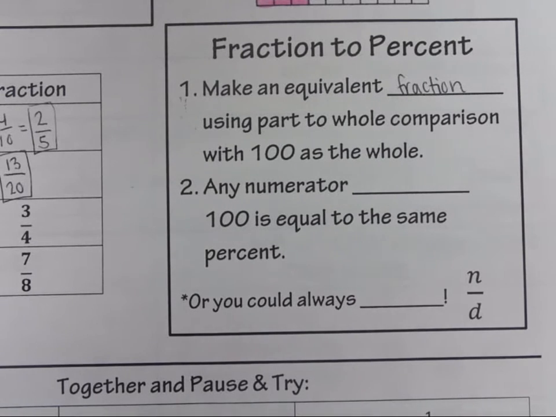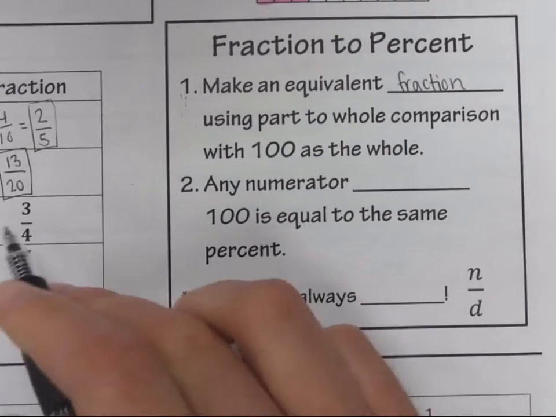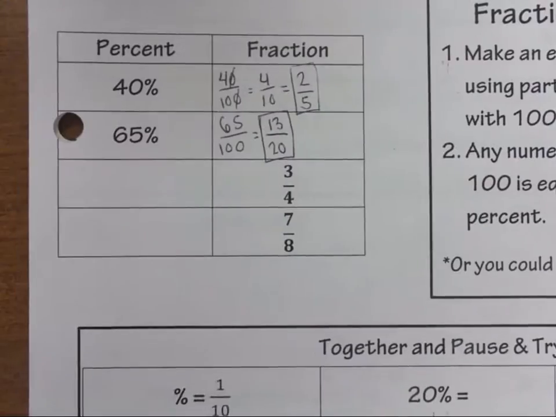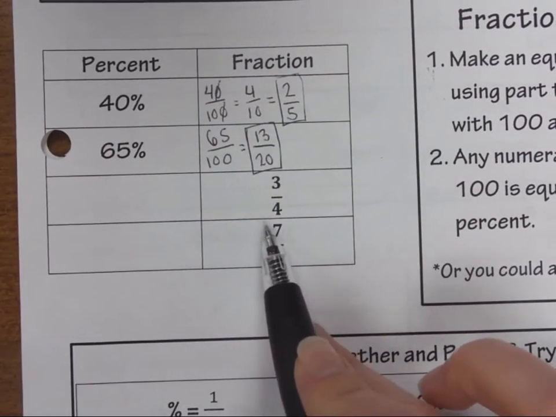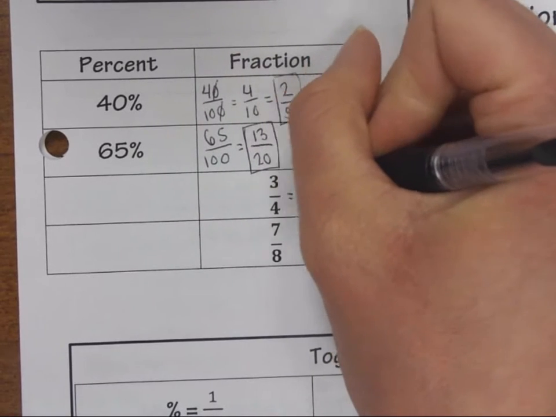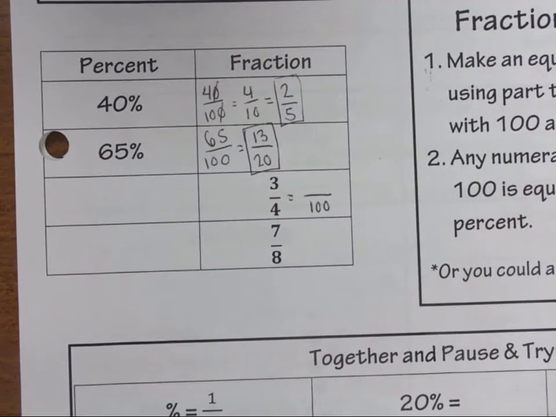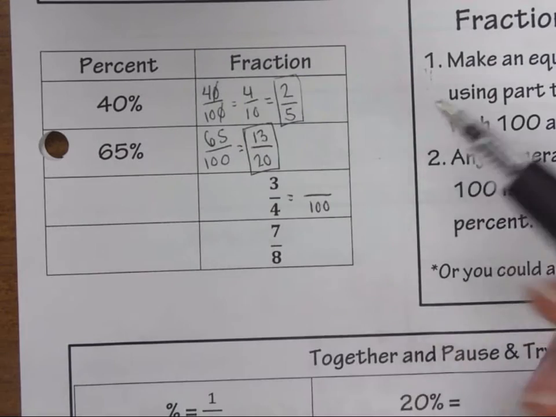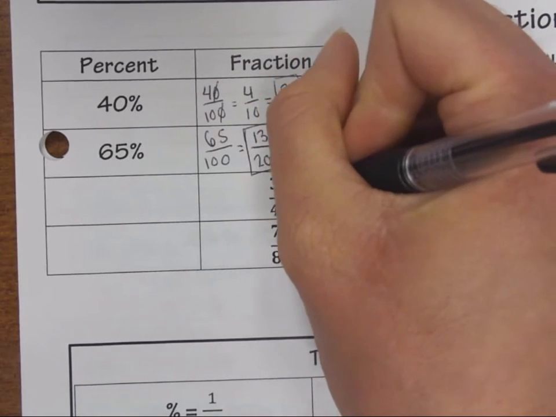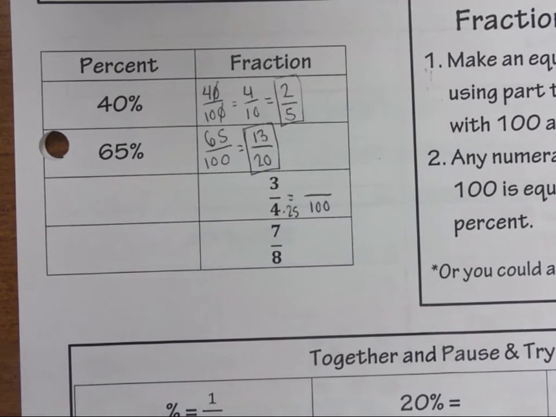So we'll see an example of that right over here. Let's start with that. So we have 3 over 4, and I want to make an equivalent fraction with 100 in the denominator. So I see that 4 multiplied by 25 to get 100.